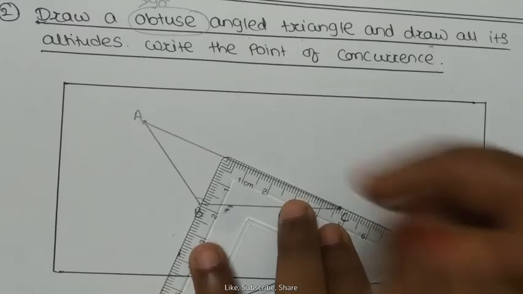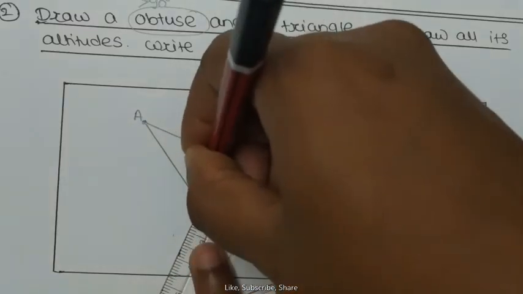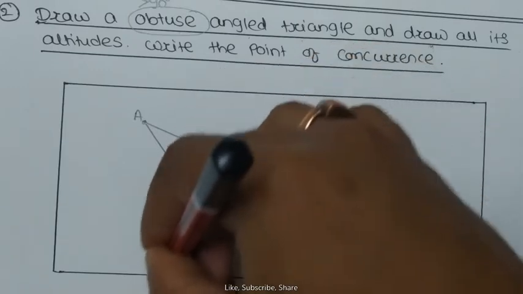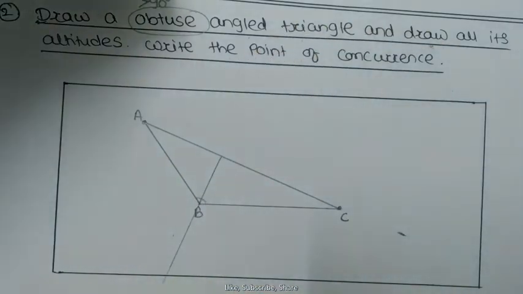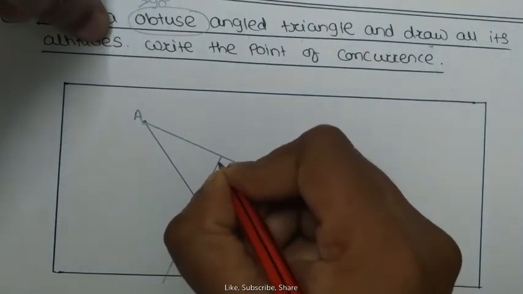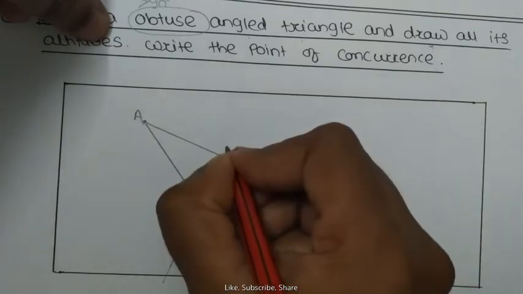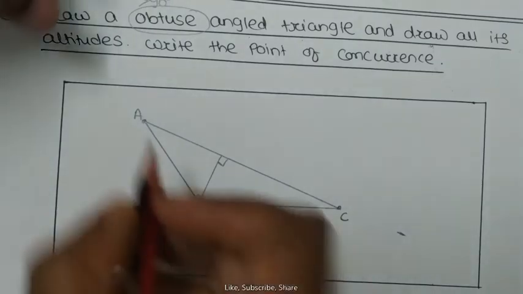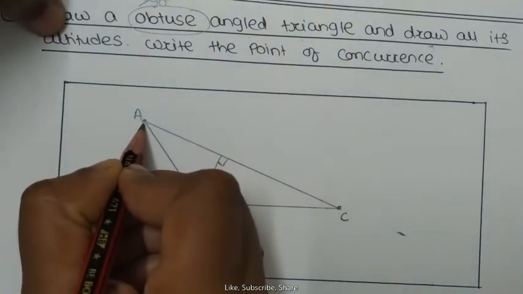Okay, and draw the line. Also we have to extend this one. Clear? So this is the 90 degree. Suppose this is okay.